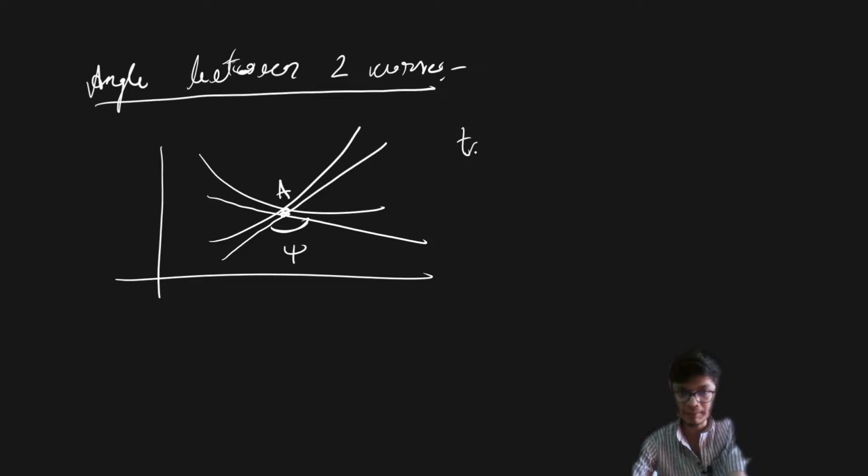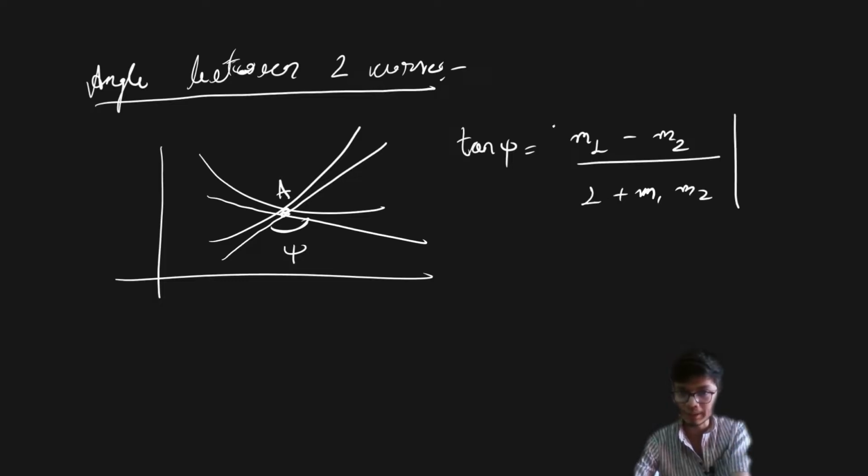Right? So that can be given as tan of phi equals mod of (m1 minus m2) divided by (1 plus m1 m2), and I take the mod because I'm going to answer the acute angle.